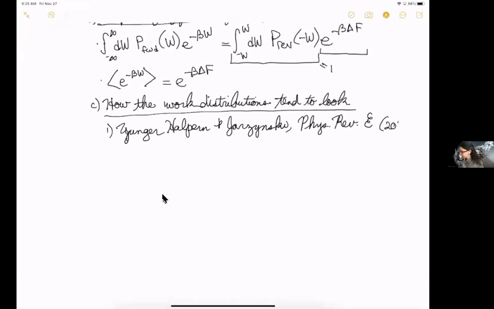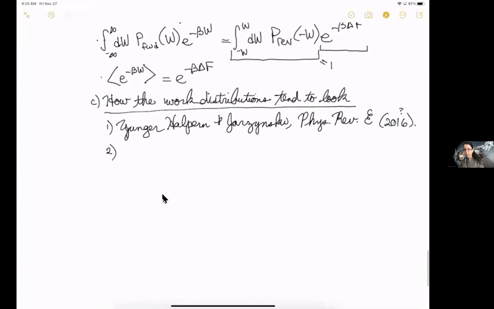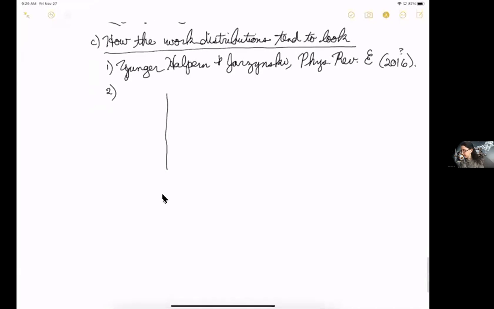And I think it was published in 2016. On the x-axis, we'll plot the work. On the y-axis, we'll plot probability densities. The reverse distribution tends to be farther leftward and peak higher leftward. Then we have the forward distribution. I'll get to the questions in just a moment.